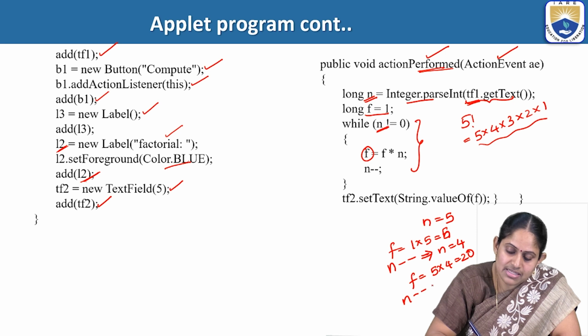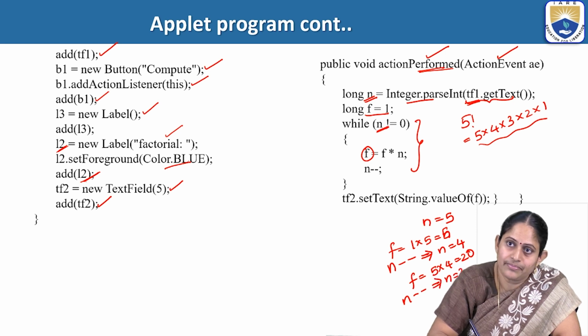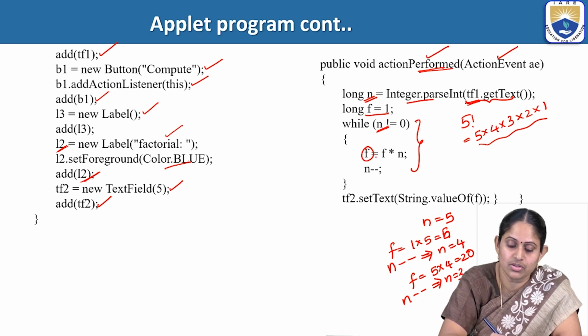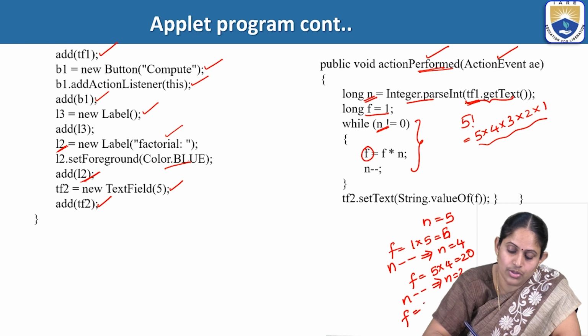Then n becomes 3. Now n is not equal to 0, so factorial f is equal to 20 into 3, which is equal to 60.